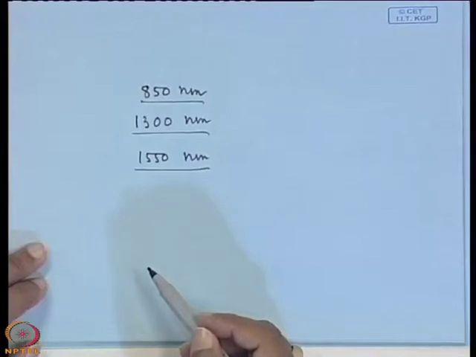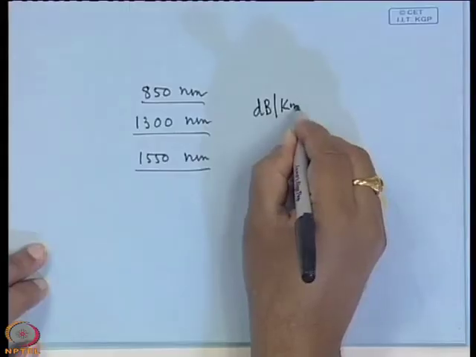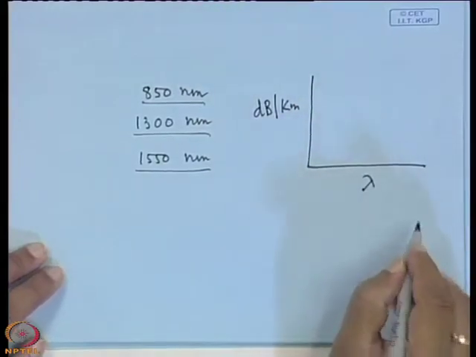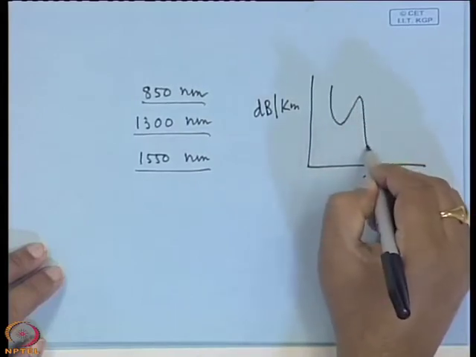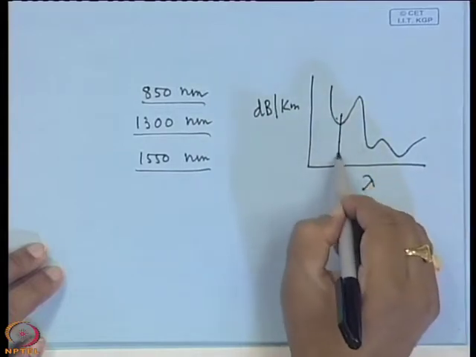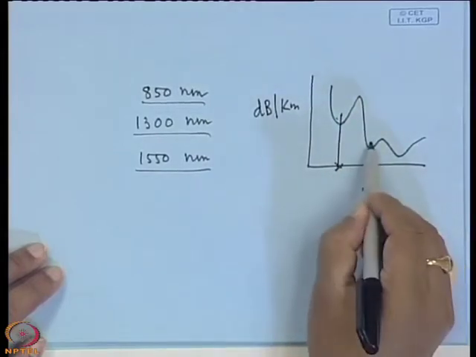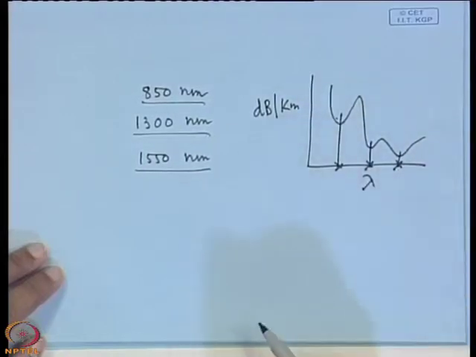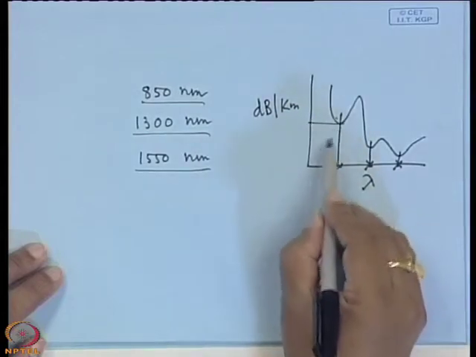How is the loss measured? What is the unit of loss? It is decibel per kilometer, plotted against wavelength. We have seen this type of curve. One is 850, this is 1300, this is 1550. That means the loss is minimum.